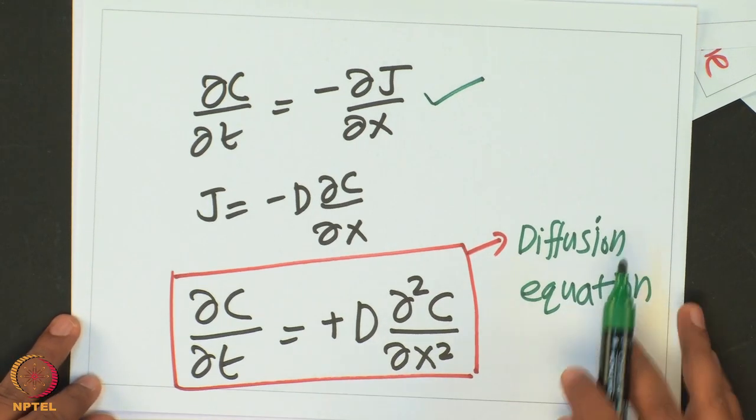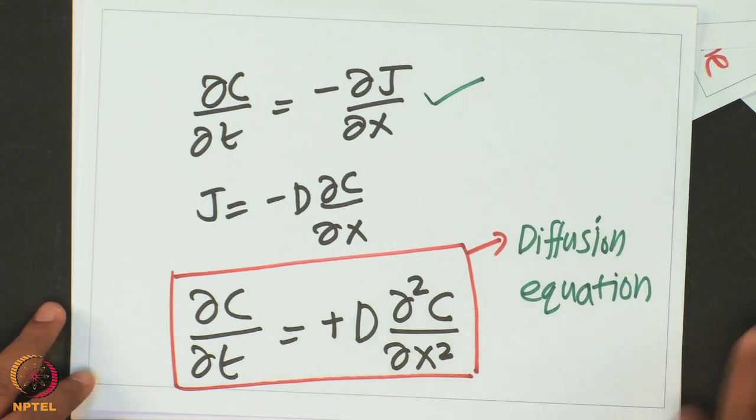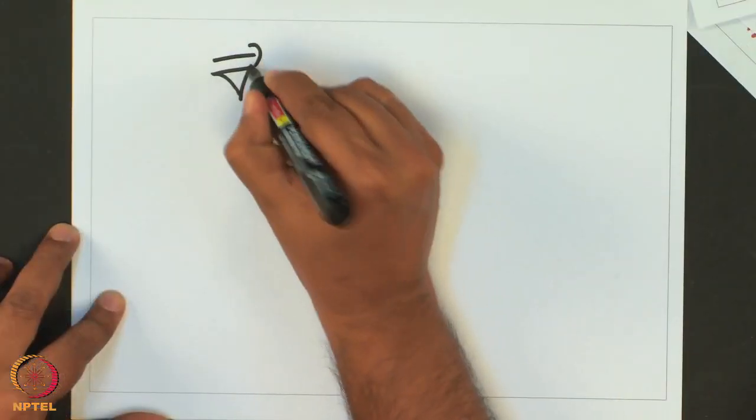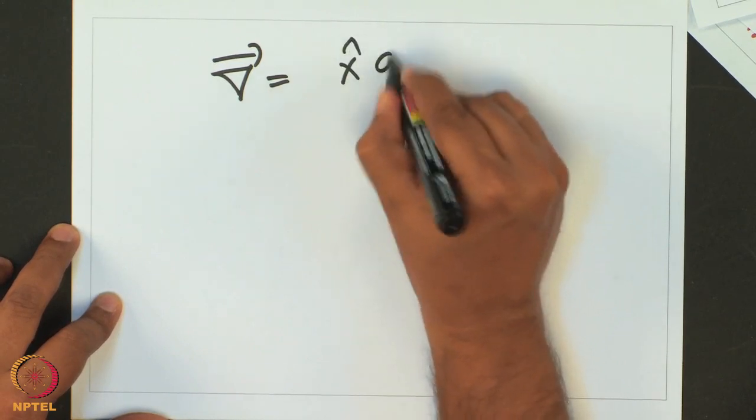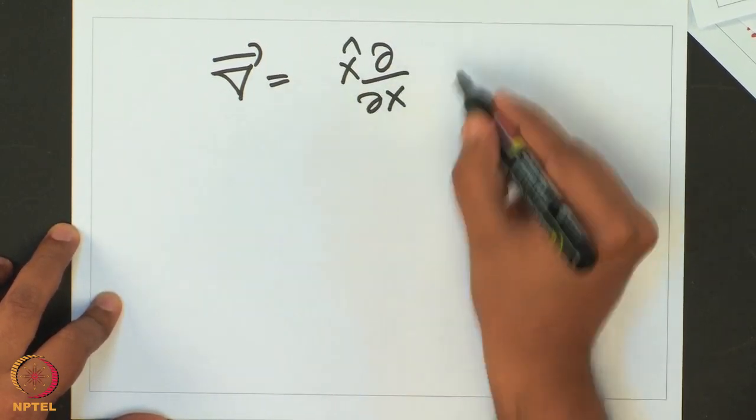I wanted to convey just one more thing. We discussed the magnitude, and I also wanted to talk about direction. So in vector analysis, if you have two vectors, del is a vector. This del vector is x cap ∂/∂x in one dimension.